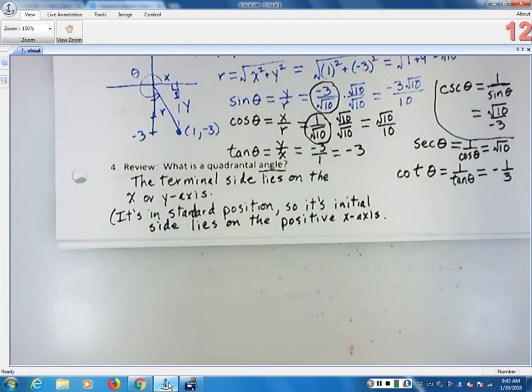So that's a review of what a quadrantal angle is.